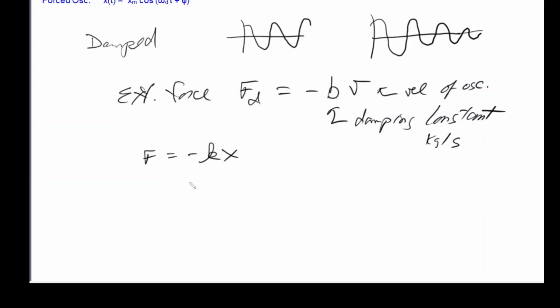Then from Newton's second law, we find that minus bv minus kx equals ma. And we're assuming that the force of gravity is negligible. So if we bring these two sides over, we get ma plus bv plus kx equals 0.